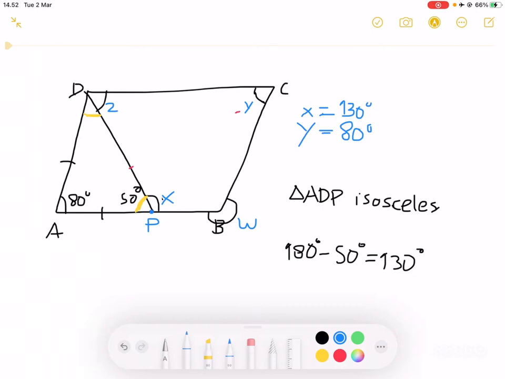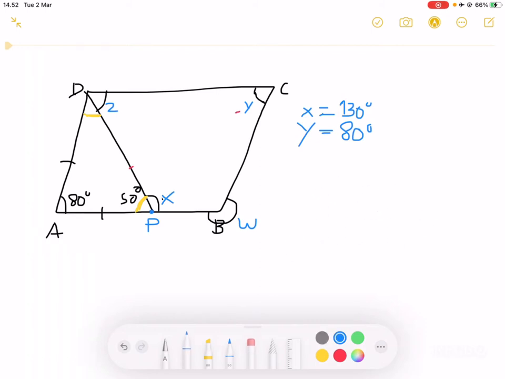And then from here we can find W as well. Even though I didn't say this, we know that AD is parallel to DC. By interior angles in parallel lines, I'm going to mark this angle in yellow. Angle Y and this angle marked in yellow right here must add up to 180 degrees.